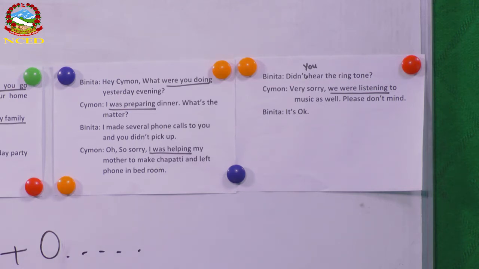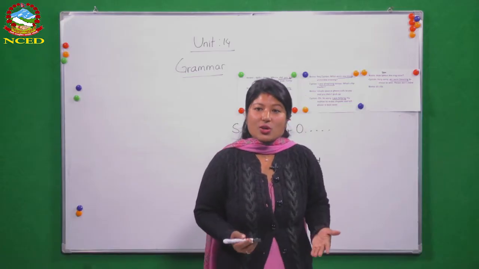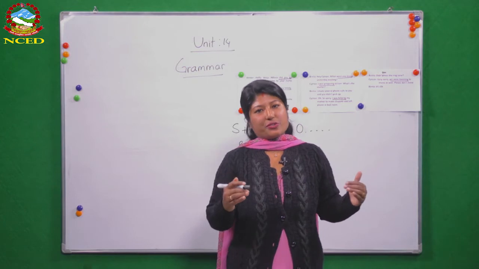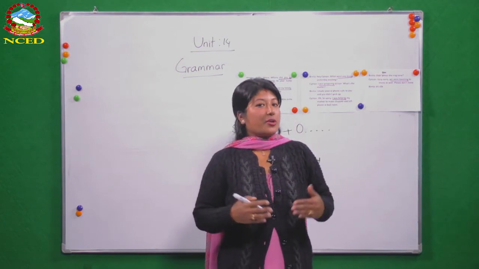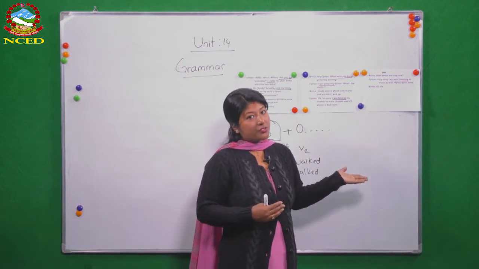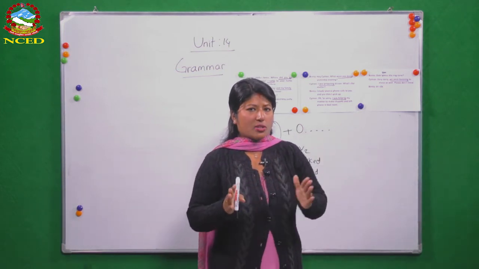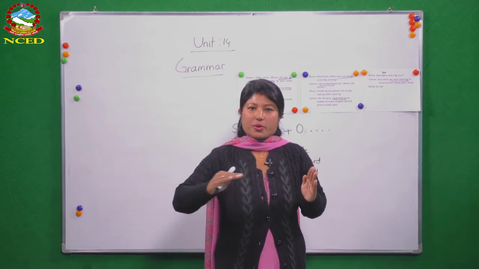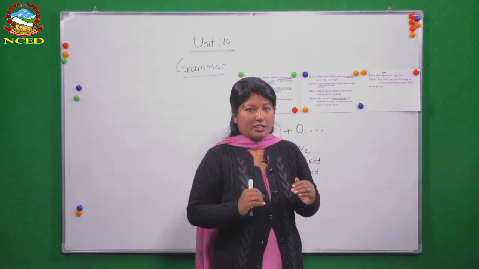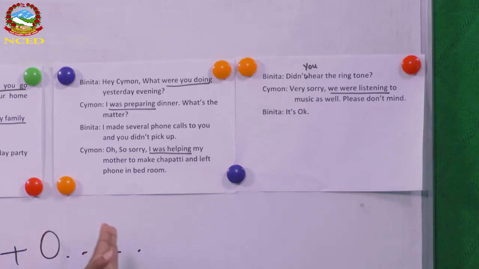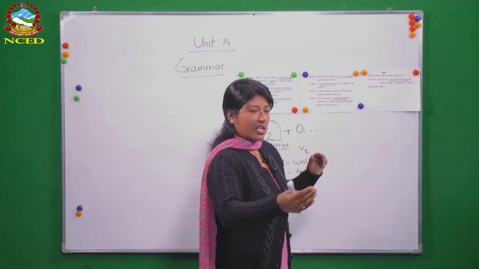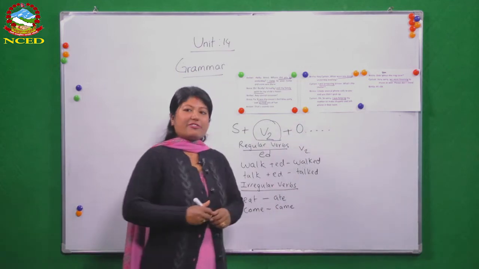So it is past progressive form, and that is called past continuous form as well. It is also called past progressive form because the actions are in progress. The action started at some point and continued up to somewhere.